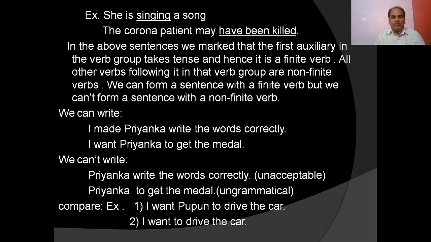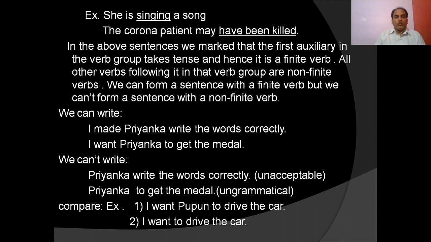So take another example. She is singing a song. The corona patient may have been killed. Here, in the first sentence, is is the finite verb, singing is the non-finite verb. In the second sentence, may is the finite verb, have been killed is the non-finite verb. In the above sentences, we mark that the first auxiliary in the verb group takes tense, hence it is a finite verb.